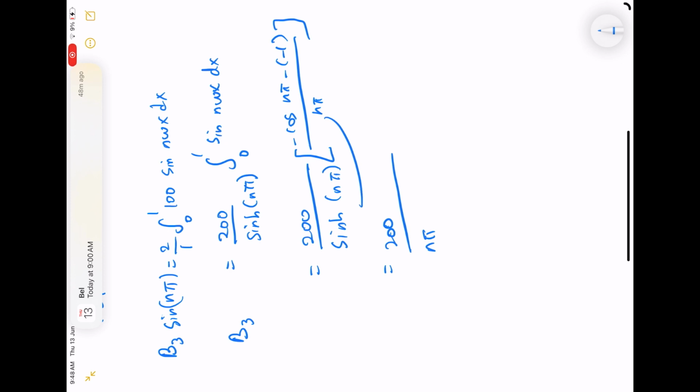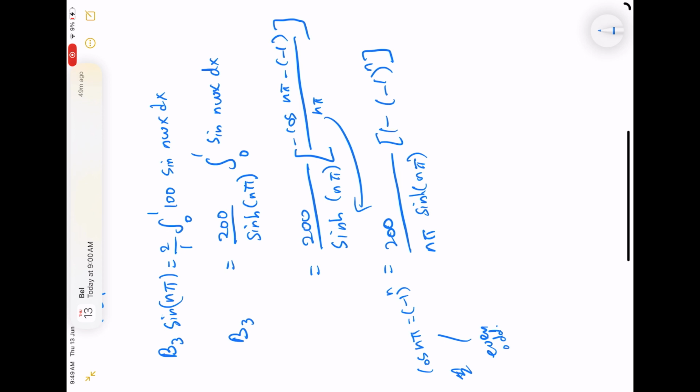We bring this here, so the hyperbolic sine n pi. And cos n pi is equal to negative 1 to the power of n, so that your solution will be in terms of even and odd numbers. This is very important for you to remember.